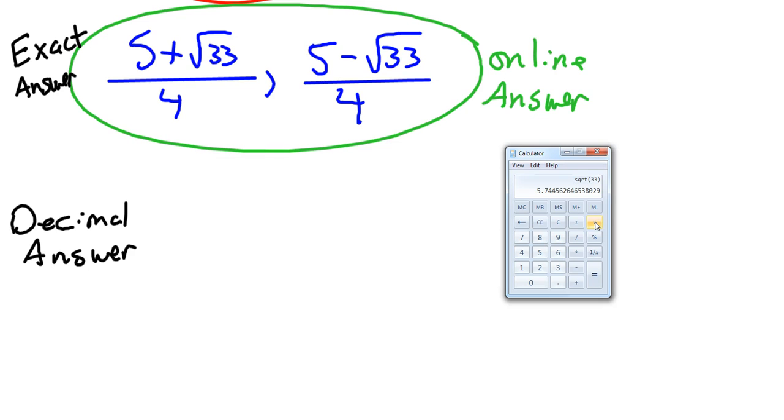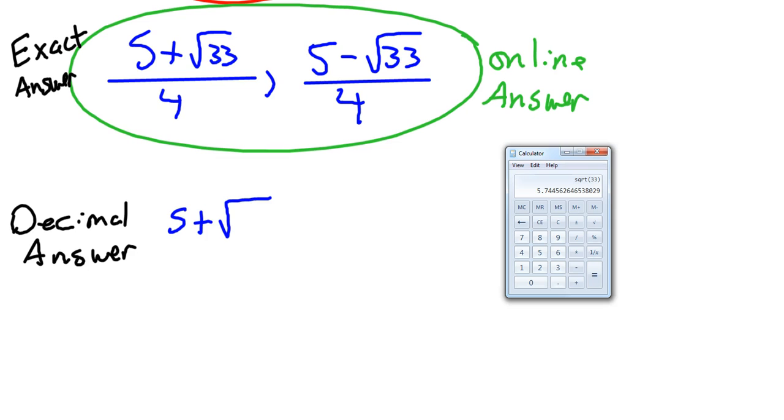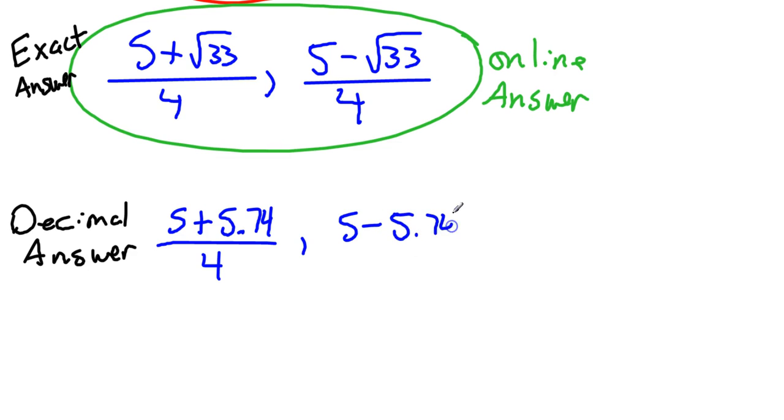So for that one, 5 plus, that'll make it 5.74. Oh, sorry, take the square root out there. And then 5 minus 5.74.